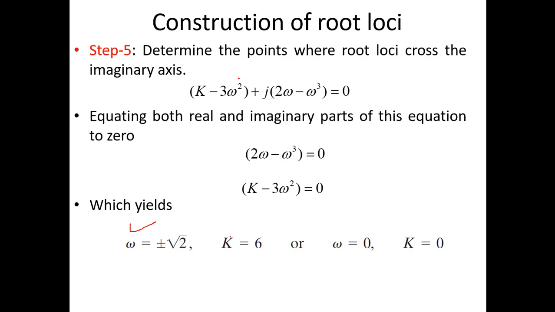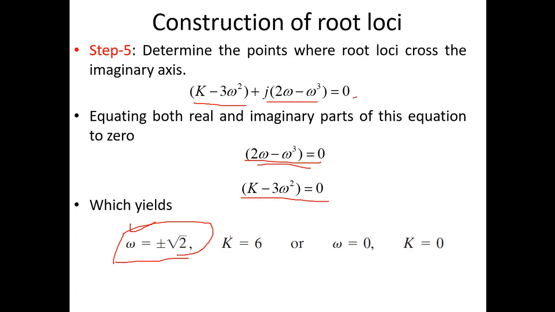If you equate this term to 0, you will get this equation, Kω minus 3ω² equal to 0, and from this you get the value of ω, which turns out to be plus or minus root 2.